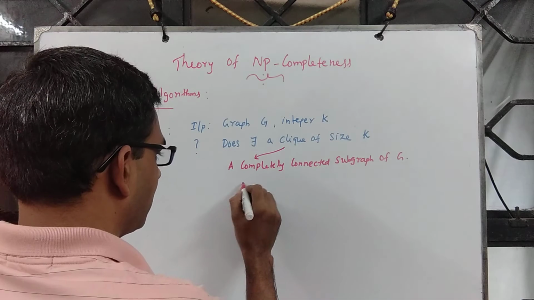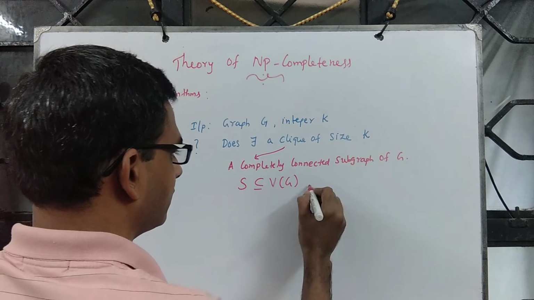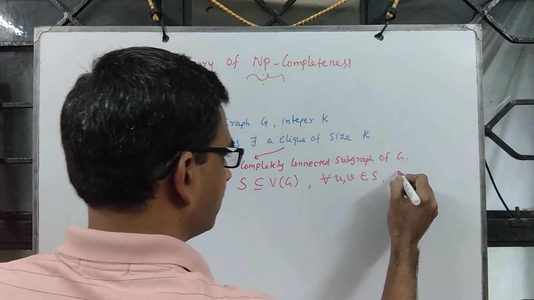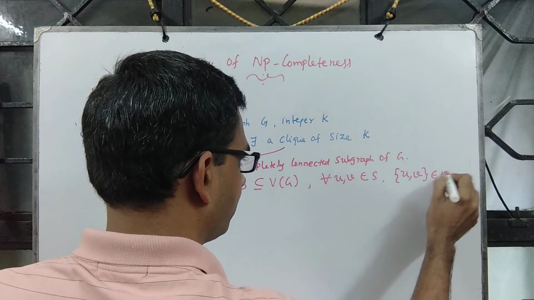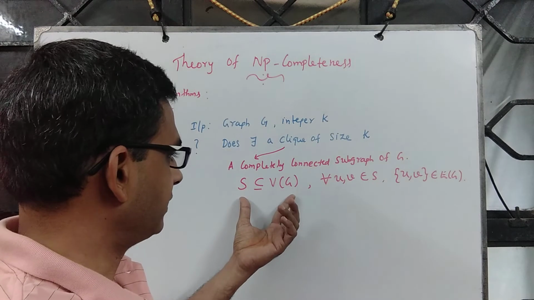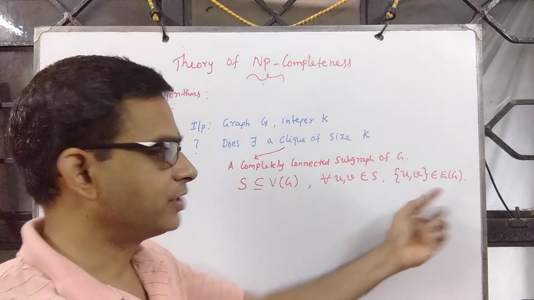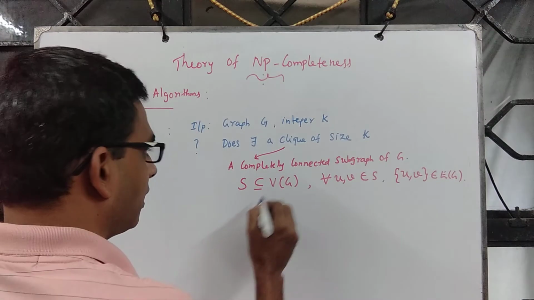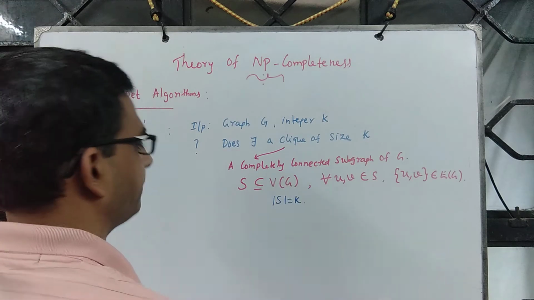Formally, it is a subset of vertices S such that for all u, v in S, there is an edge between u and v. So it's a subset of vertices such that if you take any pair in S, there is an edge between them. Correct? So that is precisely a clique. And if you ask for a clique of size K, then the cardinality of S is K.